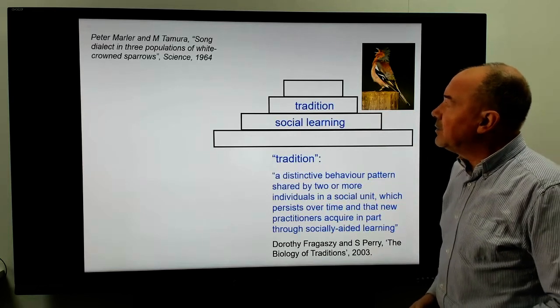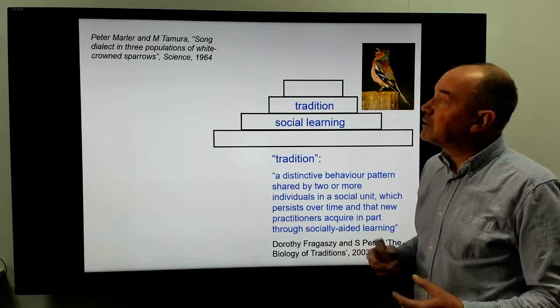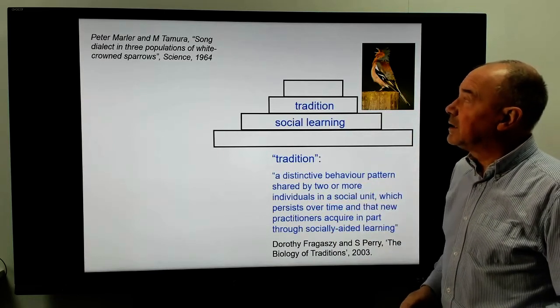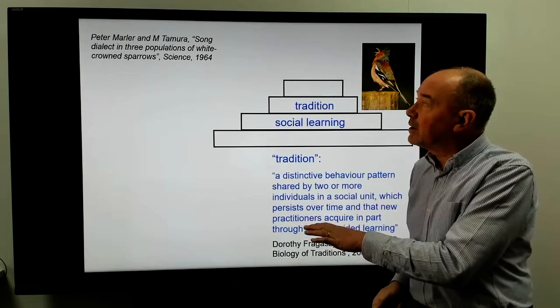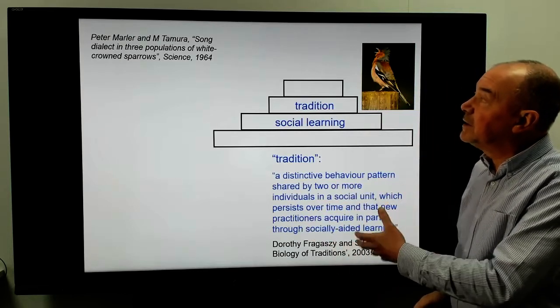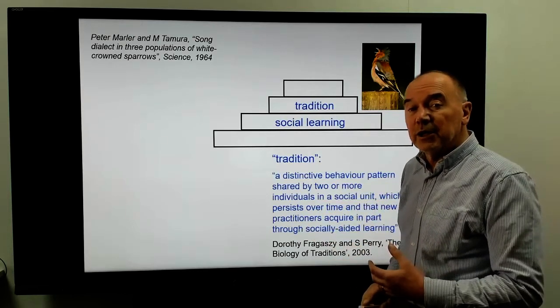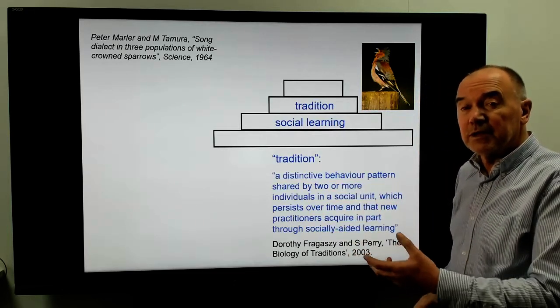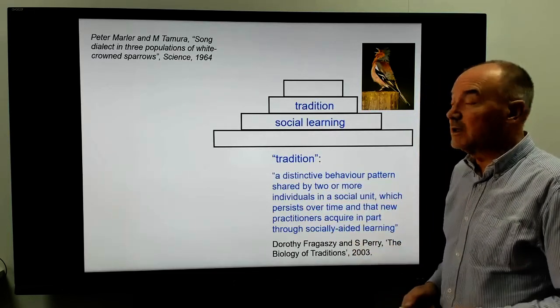Well, I'm going to give you an example of this, which continues the theme of birdsong, because Peter Marler and his colleagues, again way back at the origins of our subject now in the 1960s, showed that birds in different regions had different dialects of the species song.